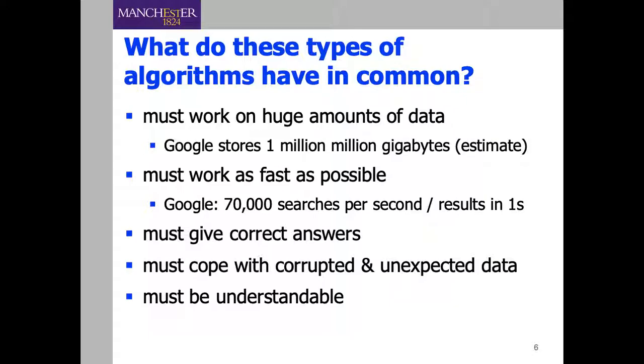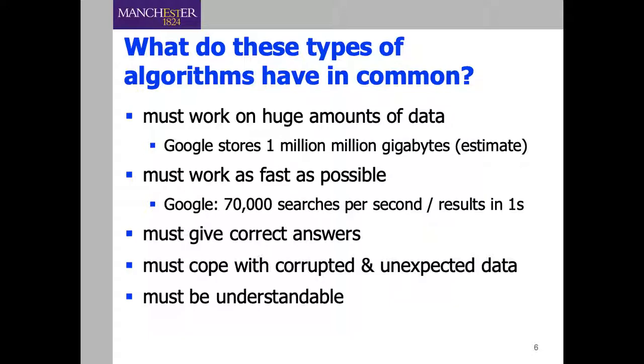Try it out next time you're searching, if you're using Google or any of the other search engines, and see how long the response takes to come back. The algorithms have somehow been able to operate very, very quickly. And if they don't, we'd all give up and go home if we had to wait 10 minutes for every search, or even 5 minutes, or even a minute. We haven't got the patience for that.